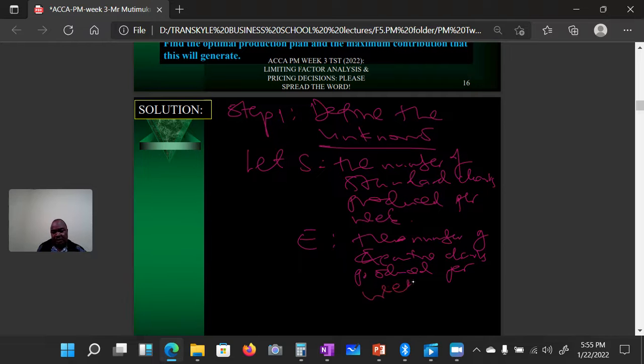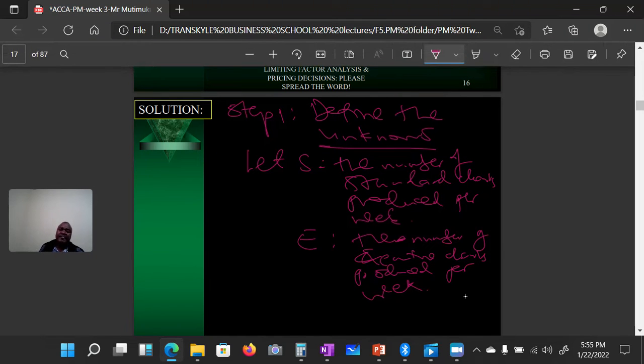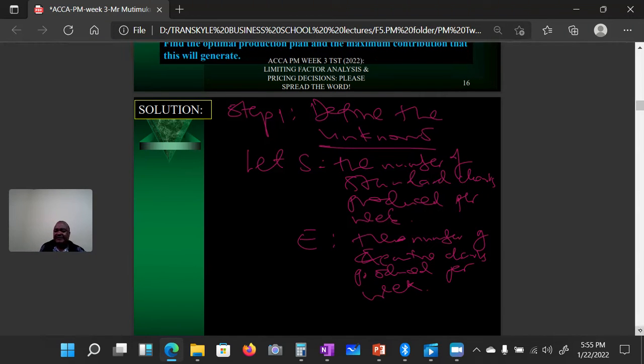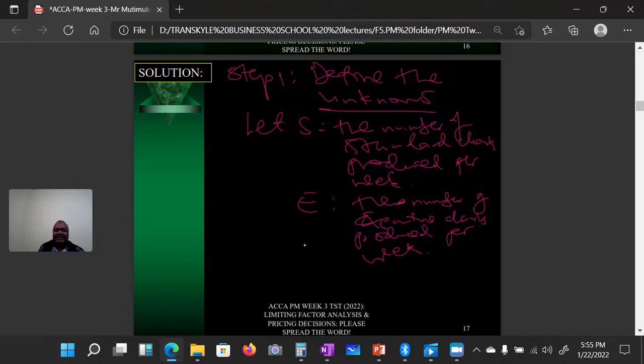And another important unknown to talk about is C, the contribution. C is the contribution. Once you do this, you go to the next stage.